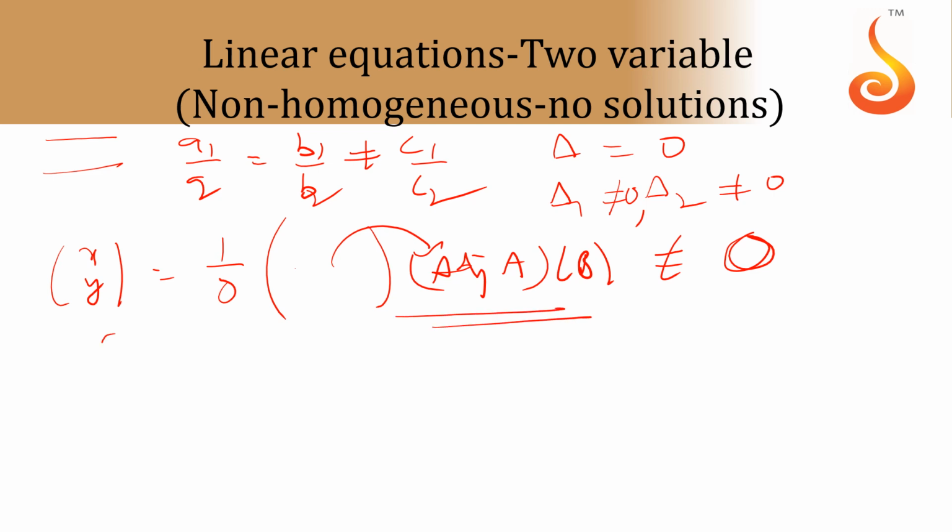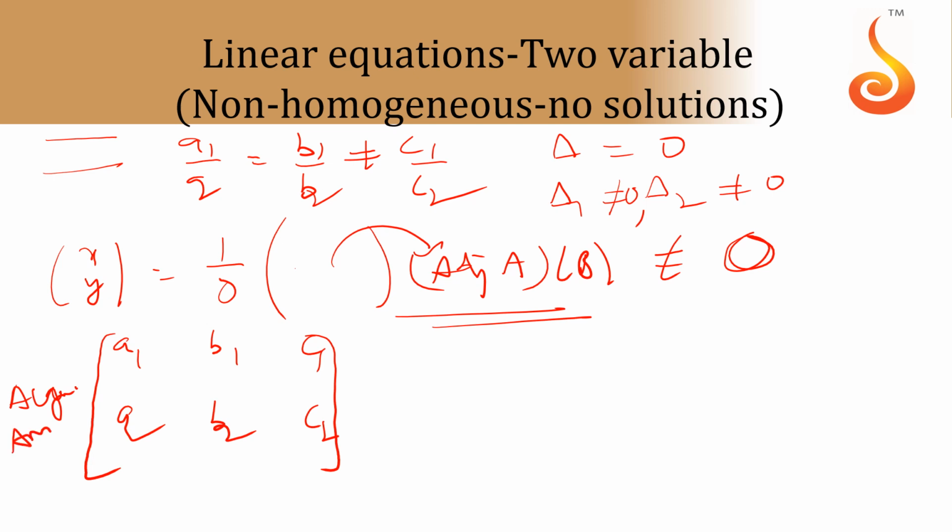Now, one more easy procedure is there. If you write the coefficients A1, B1, C1, A2, B2, C2, and this column matrix, the result matrix C1, C2, also in a single matrix, it is called an augmented matrix. So, AM, augmented matrix.